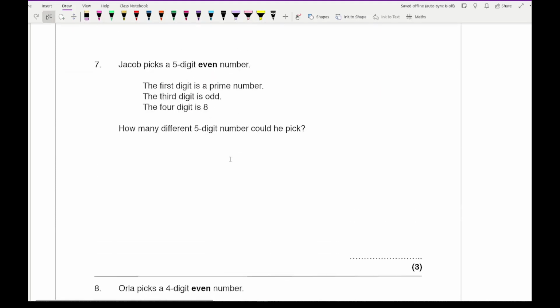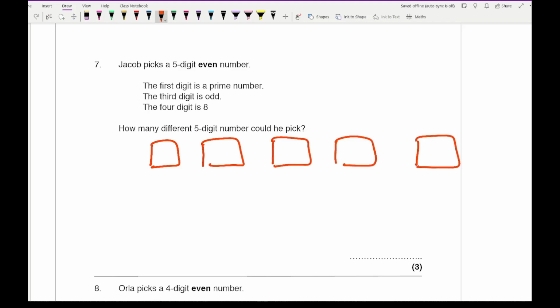Then with question 7, it says that Jack picks a 5-digit even number. The first digit is a prime number, third digit is odd, and the fourth digit is 8. How many 5-digit numbers could he pick? So again, let's label up those 5 digits, and we know that it's even. So that means that if it's even, it's got to end in either a 0, a 2, a 4, a 6, or an 8.